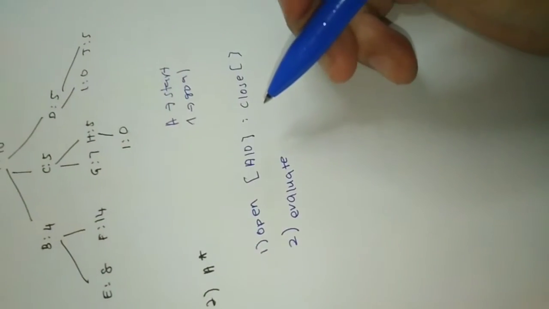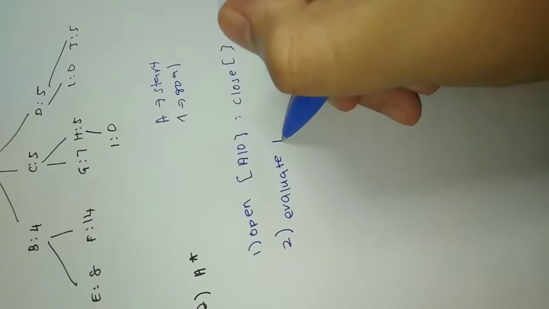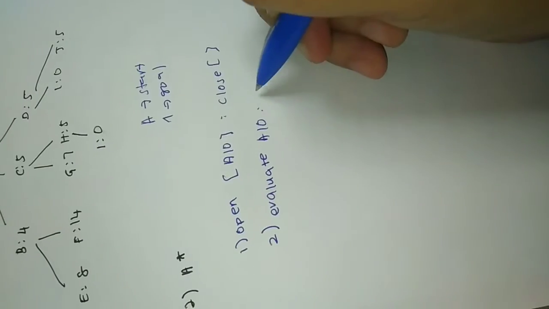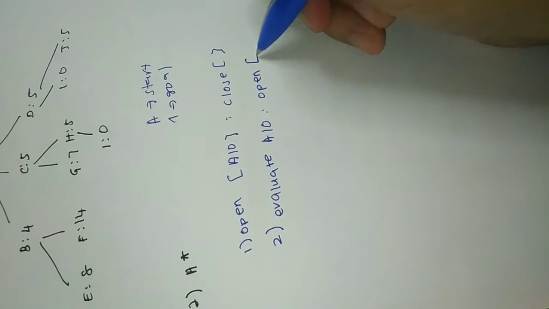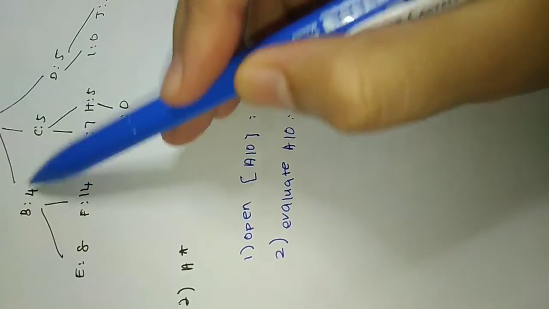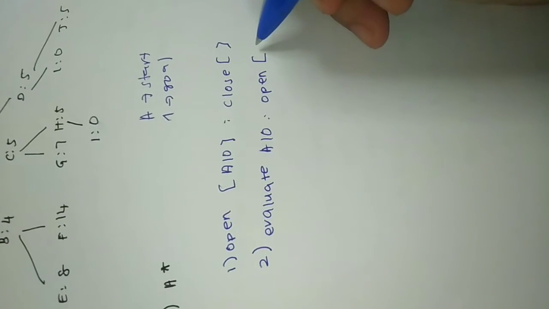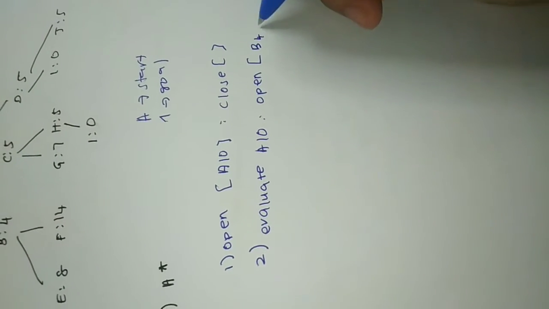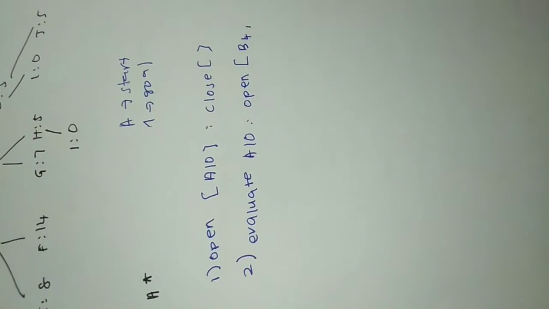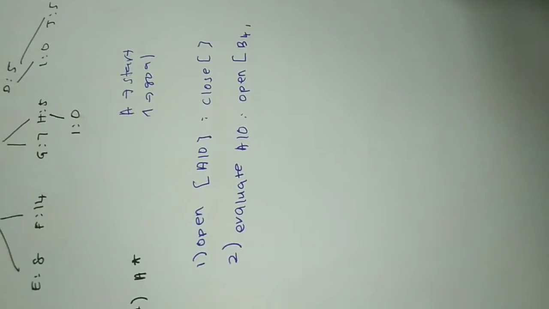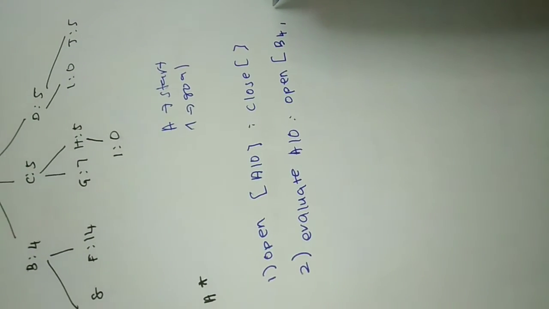So the first step is we are going to evaluate A10. It's the same concept where you still have to open under A10, which is B4, C5, and D5. You have to write it down based on ascending order.